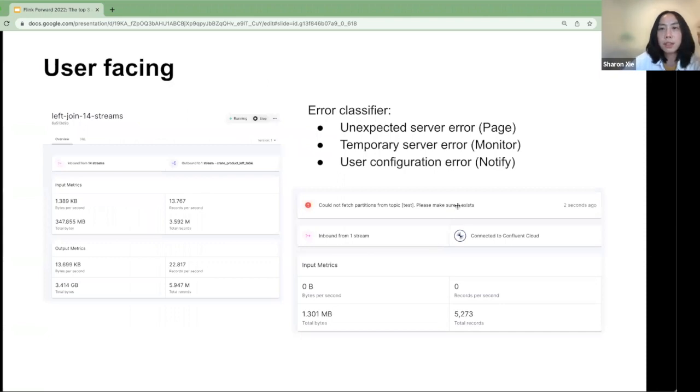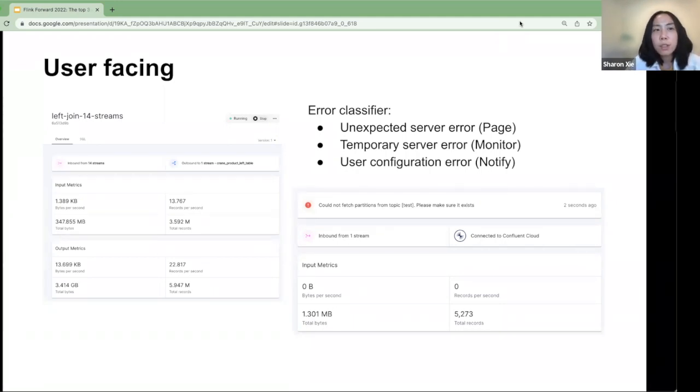As for user facing, we selected a handful of metrics that we think is a good indicator of the performance without showing too much of the internal details. So we have the job level metrics such as bytes in and out and records in and out, with totals.